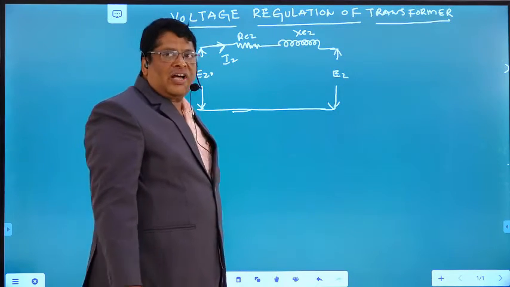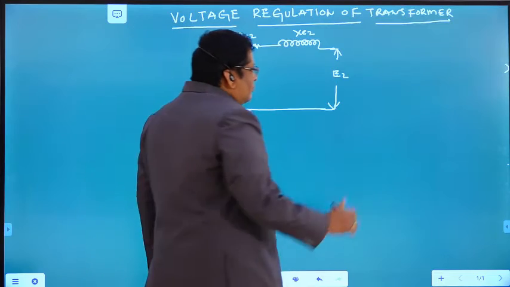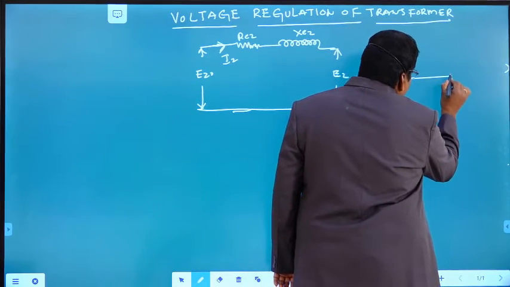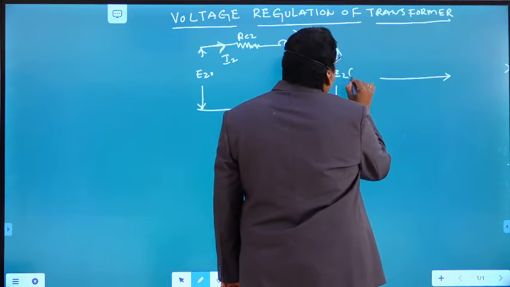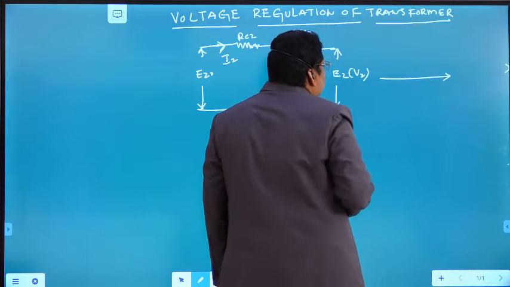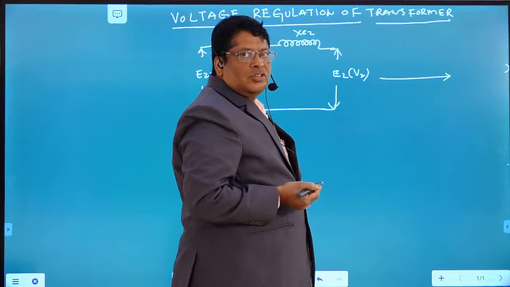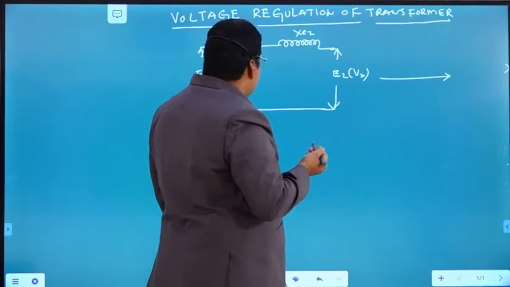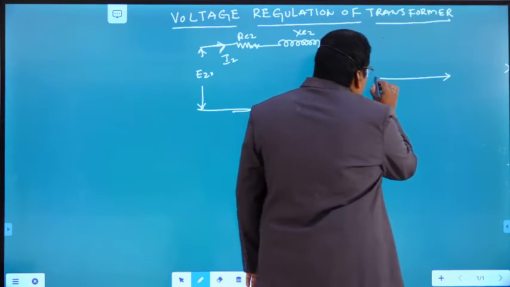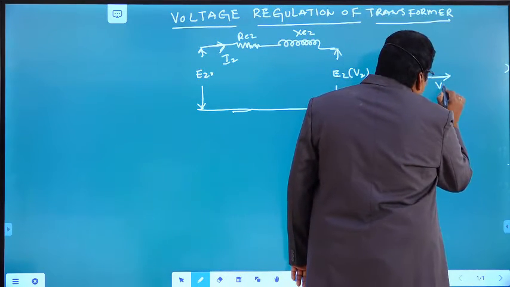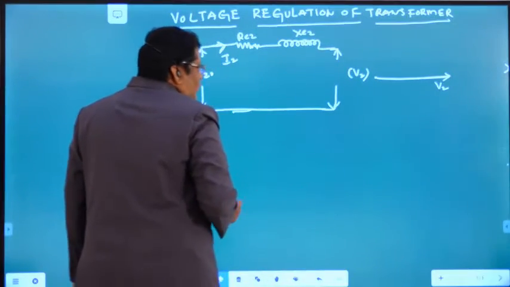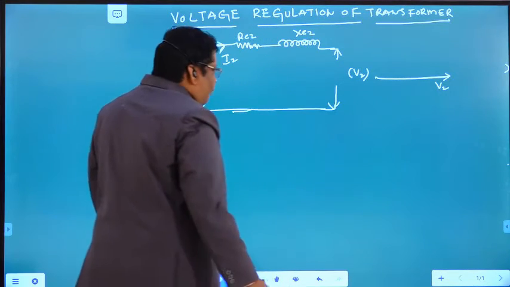Now we are going to draw the phasor diagram. Take E2 here; some others take this load voltage as V2. So we are following V2 only.